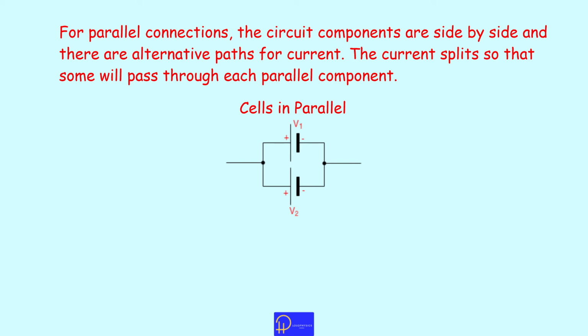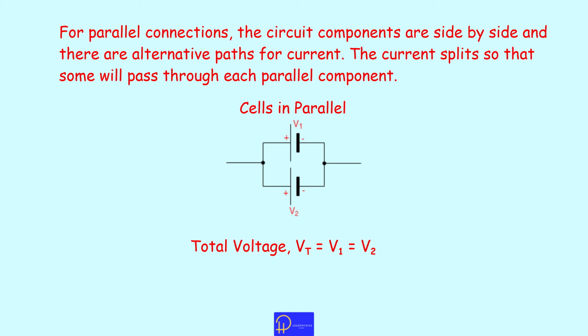So first, let's consider cells in parallel. Unlike for cells in series where we have the positive terminal of one cell connected to the negative terminal of the other, for this combination, the positive terminal of one cell is connected to the positive terminal of the other cell, and the negative terminals are joined together.